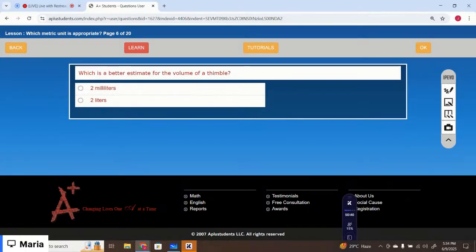Which is a better estimate for the volume of a thimble? That is 2 milliliters. Option number one is the correct option.